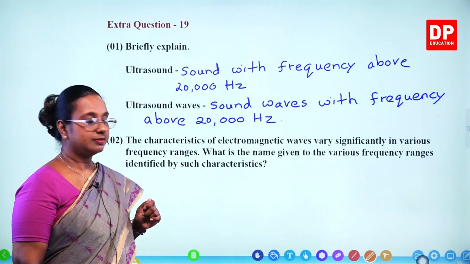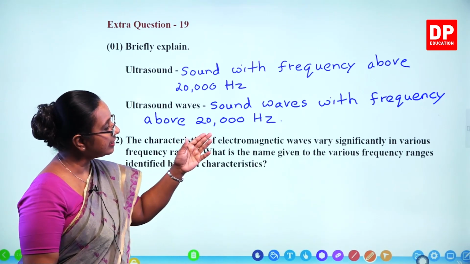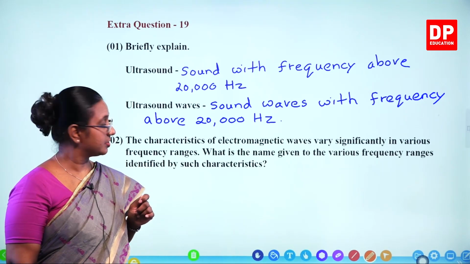The next one. The characteristics of electromagnetic waves vary significantly in various frequency ranges.